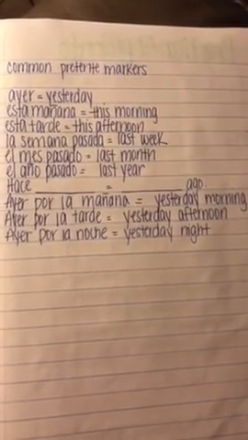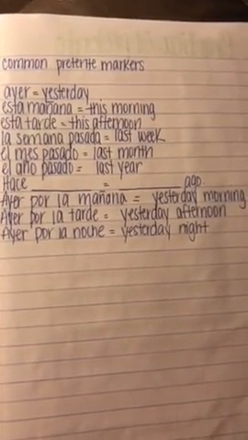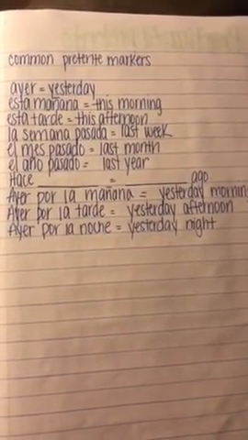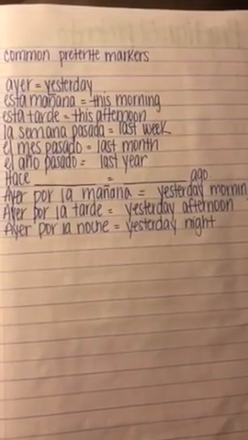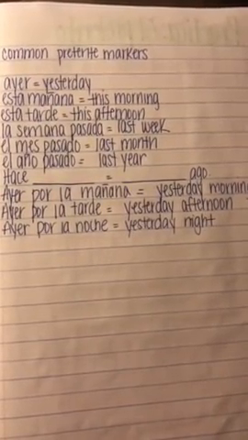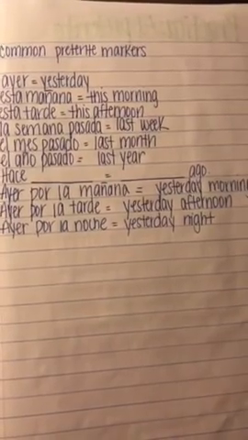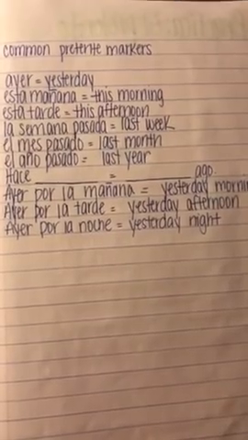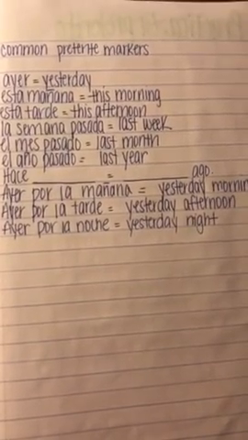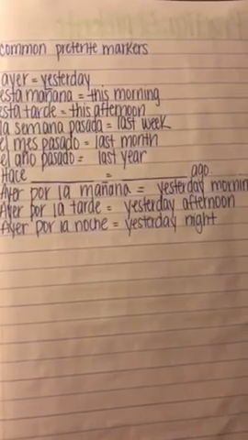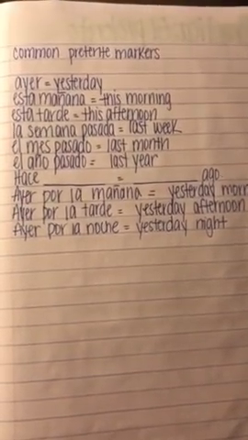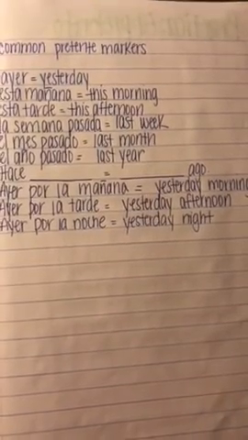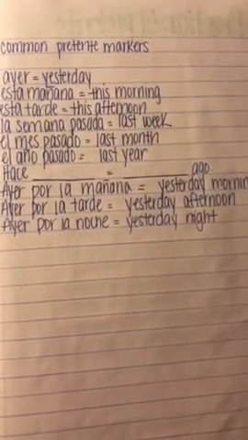So if you see the word ayer, esta mañana, esta tarde, la semana pasada, el mes pasado, el año pasado, hace plus how many years? You could say hace 2 años. 2 years ago, this happened. Ayer por la mañana, ayer por la tarde, ayer por la noche. Those are clue words that as soon as you see one of those words, you know that your sentence has to be in the preterite. Okay?